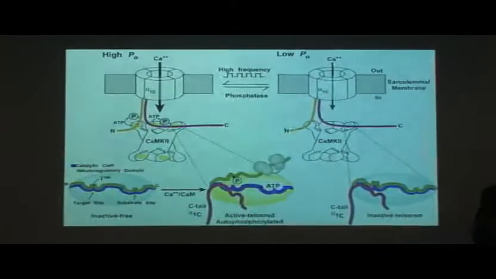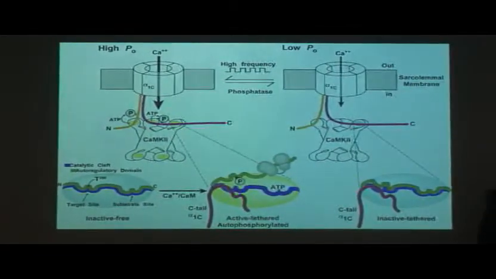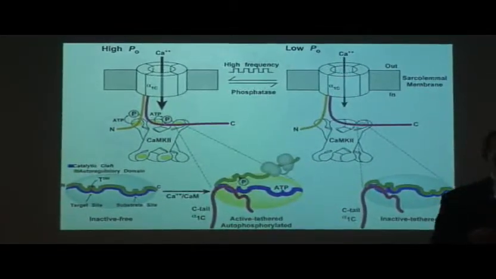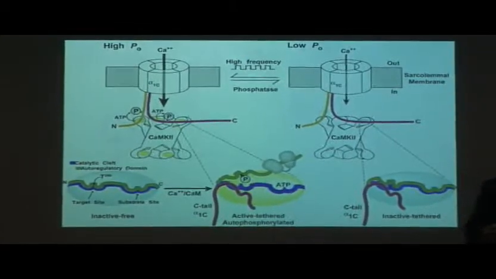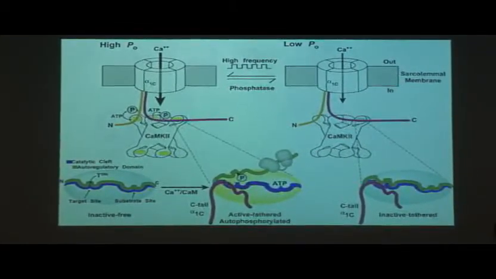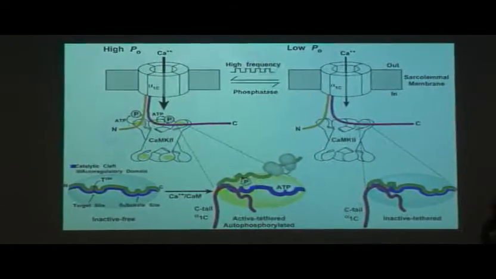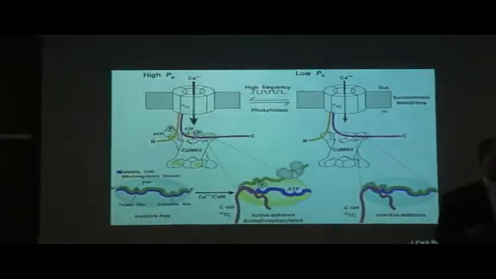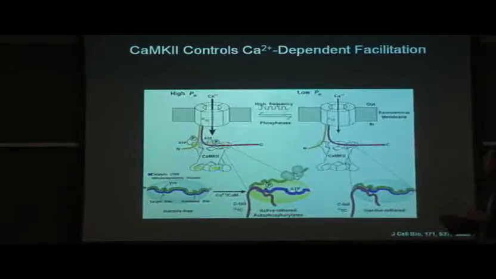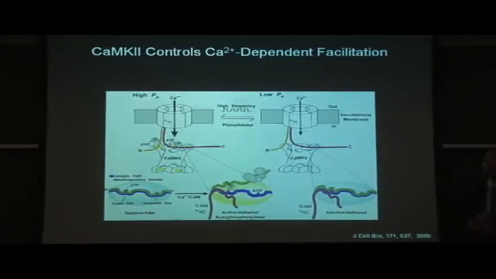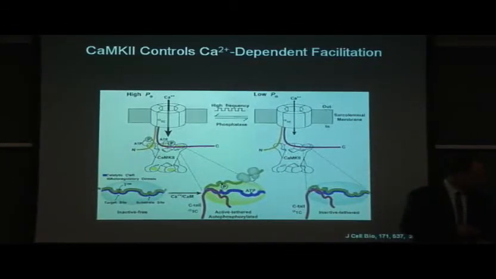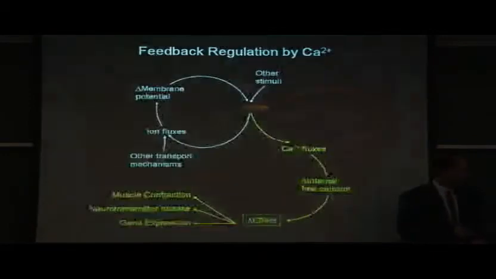So it makes sense for the kinase as a frequency decoder to remain attached to the channel in order to respond to these calcium spikes. You wouldn't necessarily want it coming on or coming off. At least our data are consistent with that model, with all the caveats that have been used.